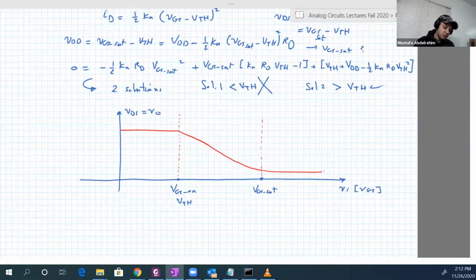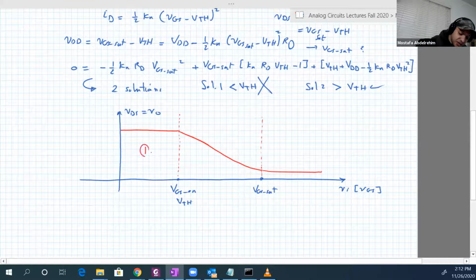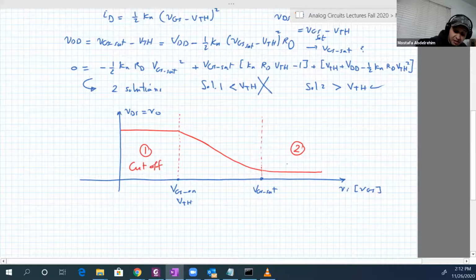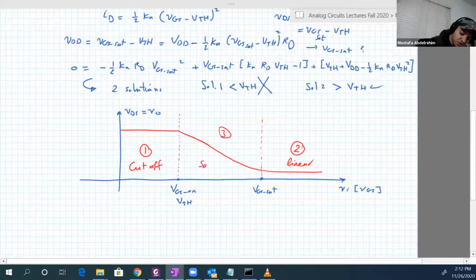So if we name these 1 and 2, here is cutoff, here is linear, and number 3 here is the saturation region.